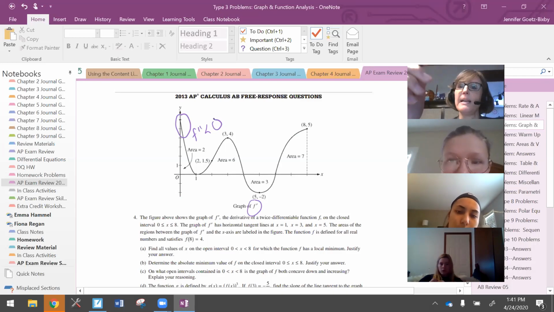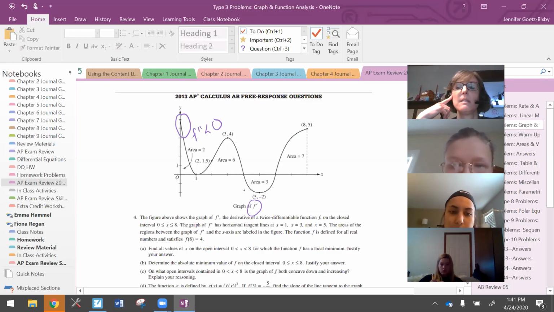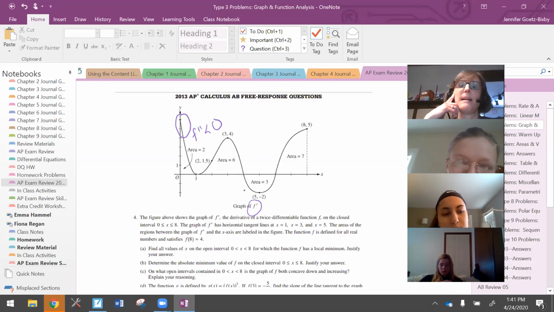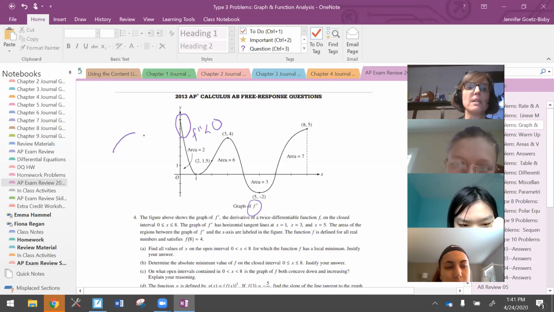F double prime would be the slope of a graph of f prime, right? Okay, and what does f double prime tell me about concavity? If f double prime is less than 0, what kind of concavity do I have? Concave down. So it's going to look like this.